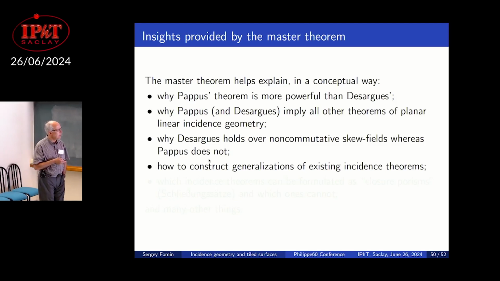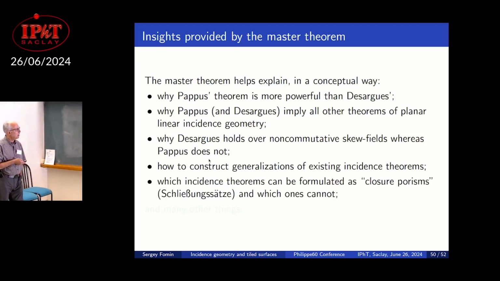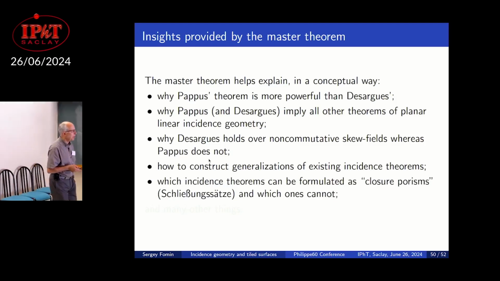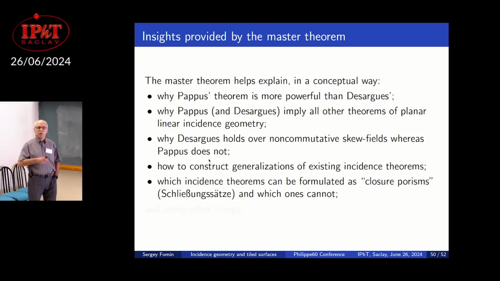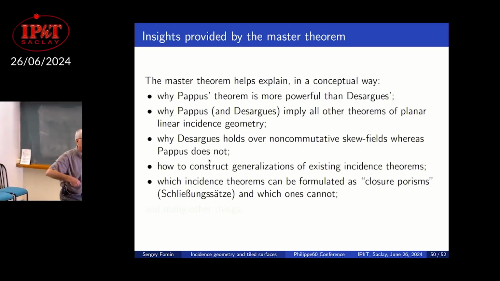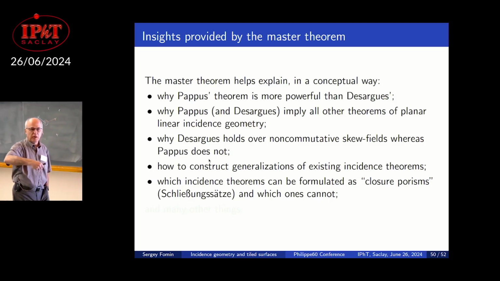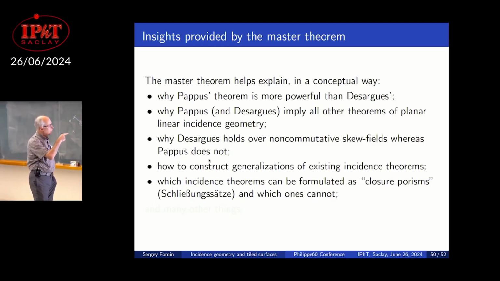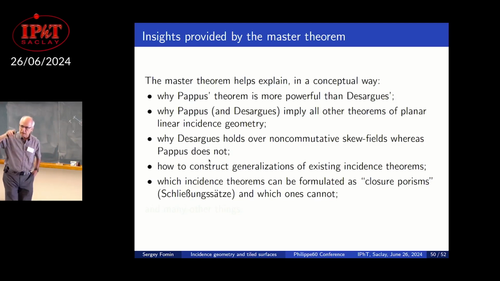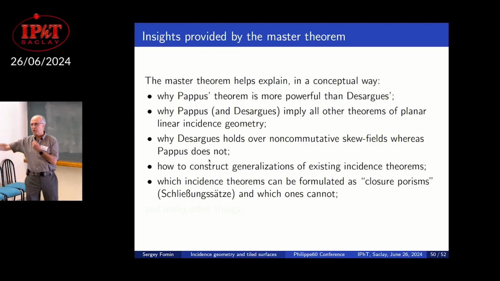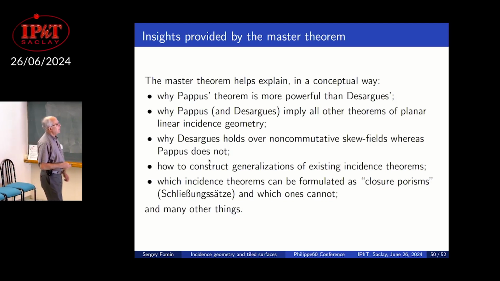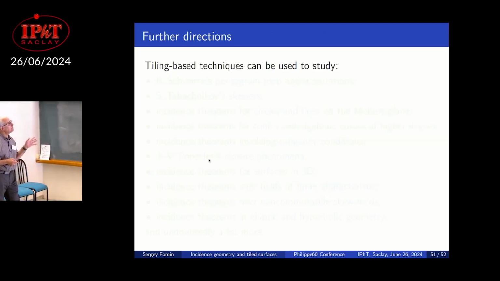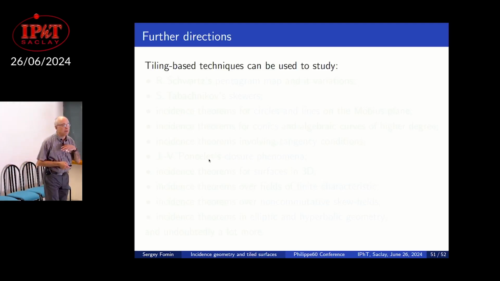How to construct generalizations of existing incidence theorems, and also which incidence theorems can be formulated as Schließungssätze, like you do some construction, and then magically you come back to the same point where you started, and this actually is related directly to the Hamiltonian paths that appeared in Philippe Bian's talk. You have a triangulation, and in the dual graph, if you have a Hamiltonian path, that path gives you this Schließungssatz.